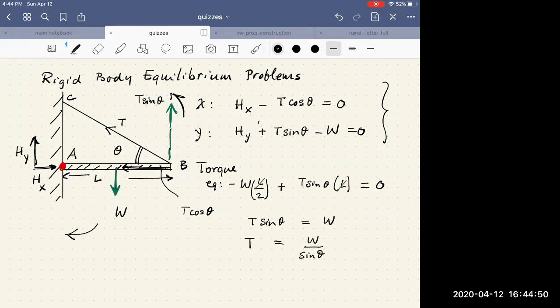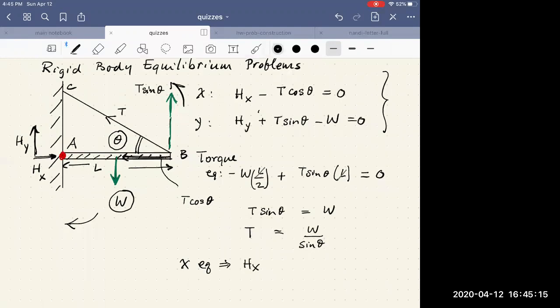So by knowing, suppose W is known, I put a circle around it. And of course, I have to know theta, so I put a circle around it. If I know these two quantities, then I can certainly find the tension T. Now, once I know the tension T, that means from X equation, I know Hx.